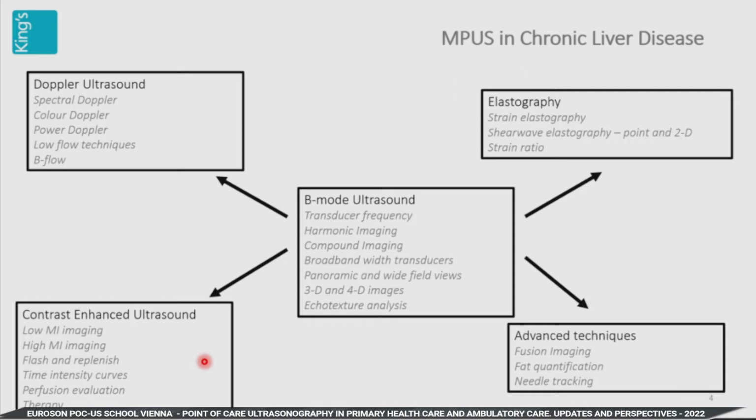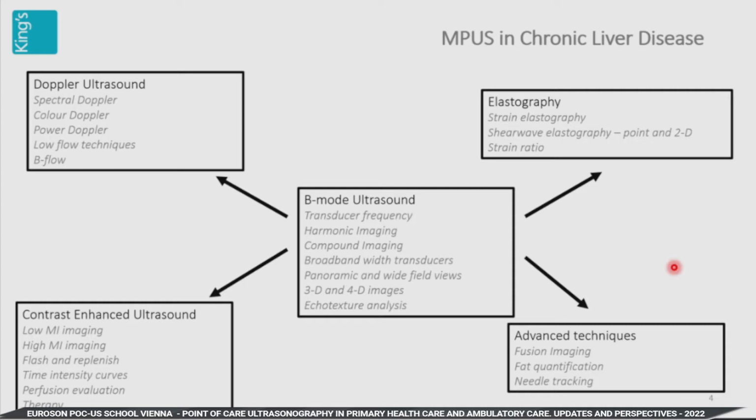And then you've got the more advanced techniques. You can fuse your ultrasound imaging with CT and MR on your machine, particularly if you're doing a biopsy of a lesion that's not clearly seen on ultrasound. And now you can quantify fat. This you probably heard about yesterday. And you can use it for needle tracking as well. So you have a phenomenal capability with your ultrasound.